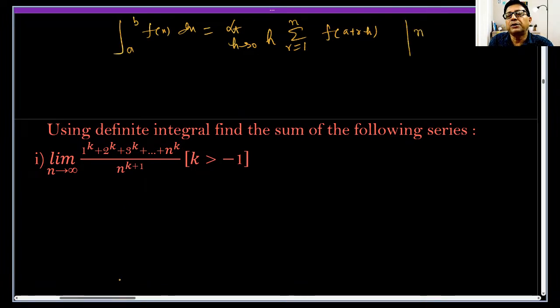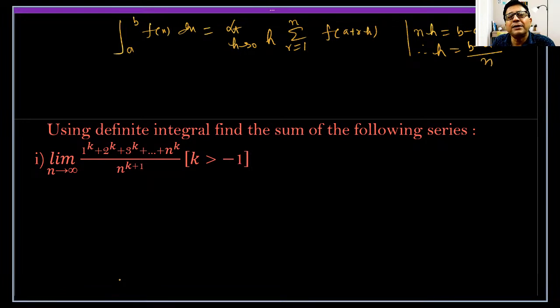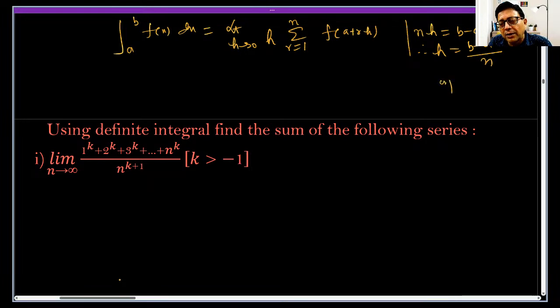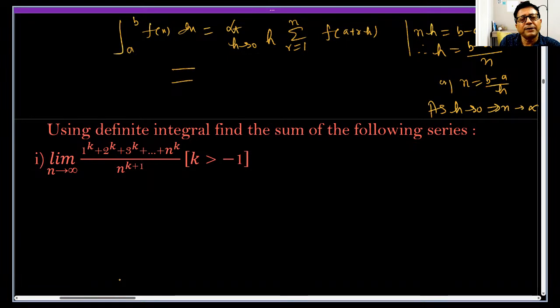How to? Because you know nh equals b minus a. So what is h over there? b minus a by n, isn't it? Or n equals b minus a by h. As h tending to 0, this implies what? n tending to infinity. So this will be limit n tending to infinity. Put the value of h here. b minus a by n.